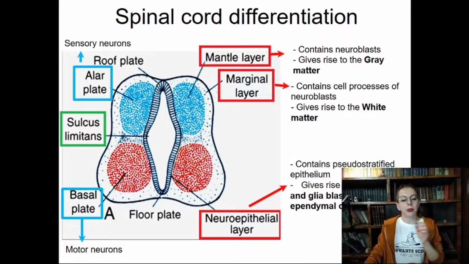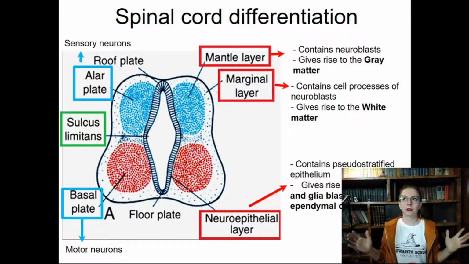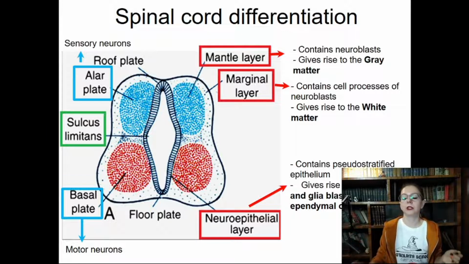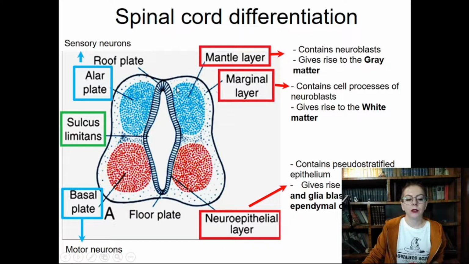And then, besides the dorsoventral specification, we have to say that there are 3 layers in our nerve tube. The innermost, lining the cavity, is the neuroepithelial layer, which eventually gives rise to ependymal cells.